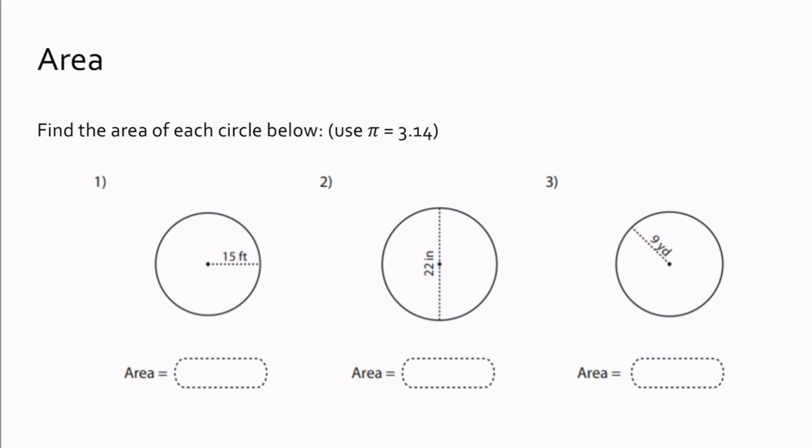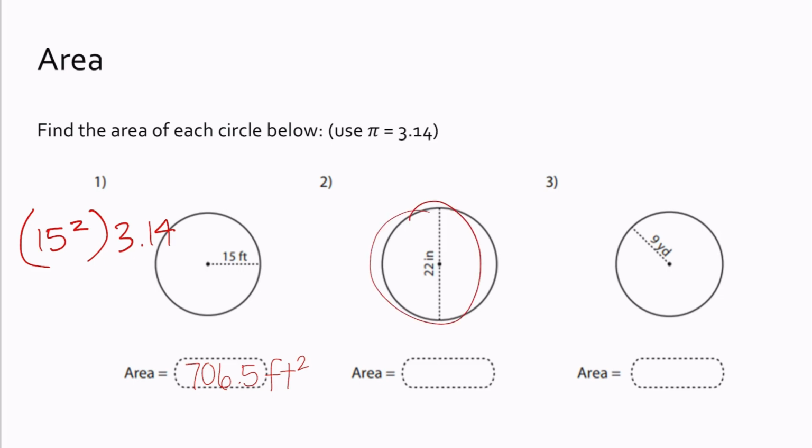All right, so here we have 15 feet squared times 3.14. And we're going to get 706.5 square feet. Here we're showing the diameter, so it's important before we do any calculations that we're cutting this in half so that we only get the radius.